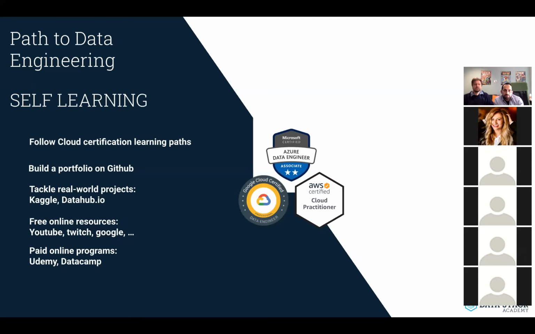These are great programs, but overall, with this self-learning path, I really recommend it for people who already have a career or are somewhat in tech, so they have a foot in the door. I think it's a lot easier if you have a foot in the door to follow one of these and level up your education, level up a certification, and then go to the job market and be able to apply for that job.